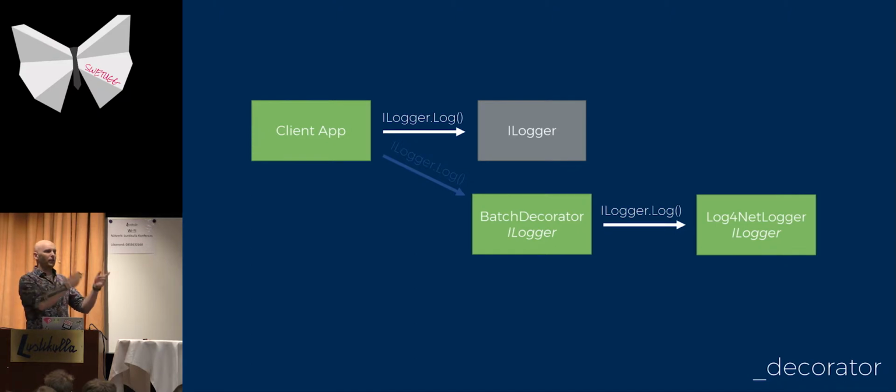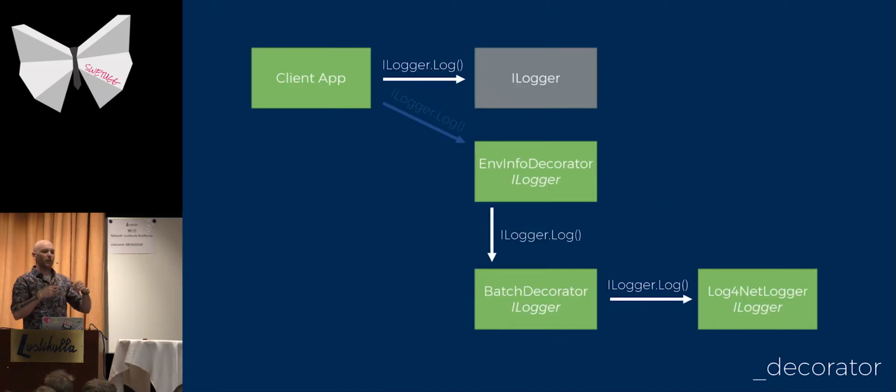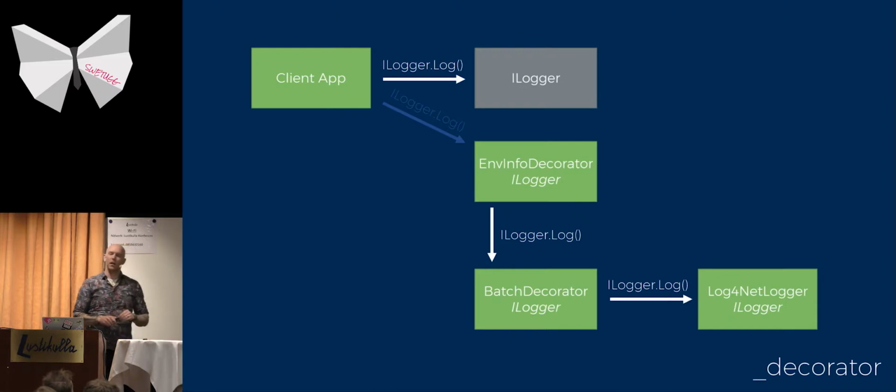The cool thing with the decorator is that since the decorator in the constructor, in most cases, takes an implementation of the same interface, we can just wrap them. So I can go ahead and add, in this case, an env-info decorator, which also implements iLogger. And that could say, in my logging, I actually want to log all of the environment information as well, but that's not implemented in the logger.